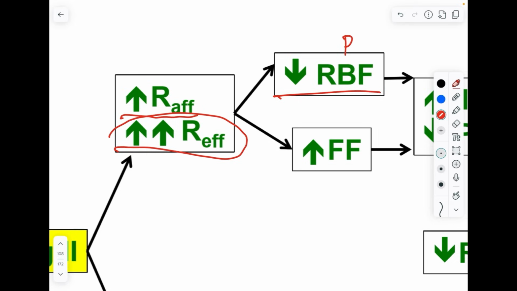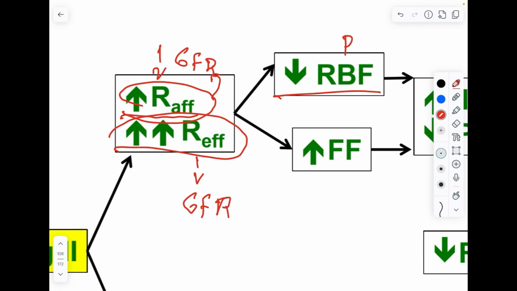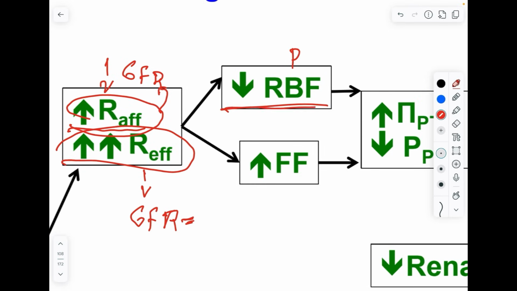But what happens when you increase this? This decreases GFR, right? But this increases GFR. So the GFR, let's say, will be unchanged for now. It will remain the same. But the renal plasma flow has decreased.